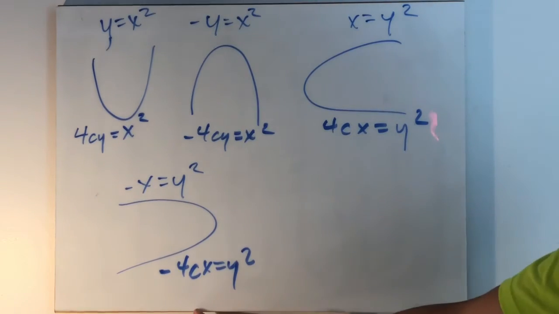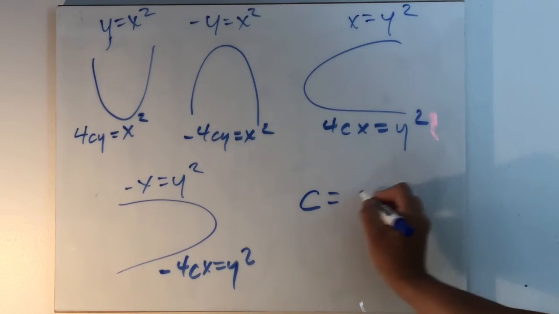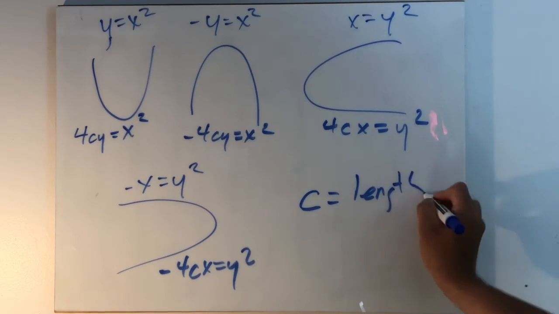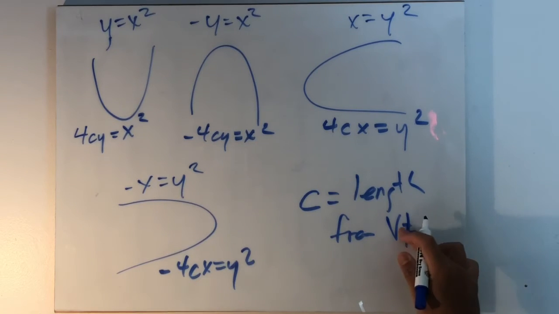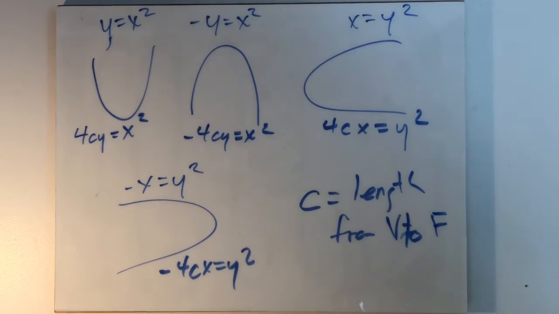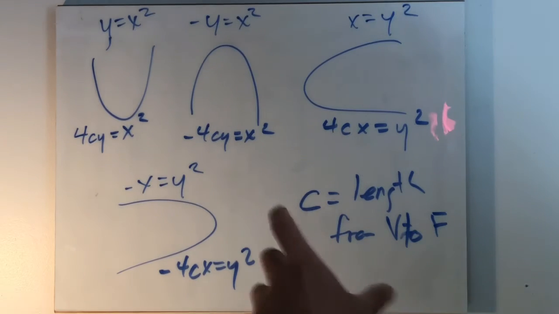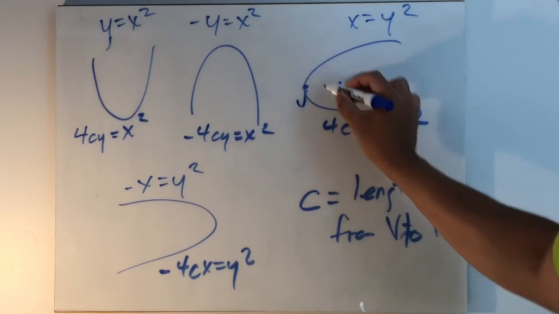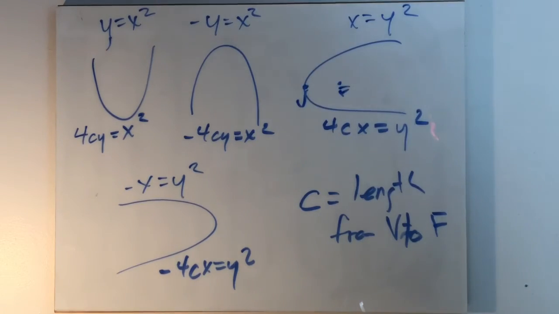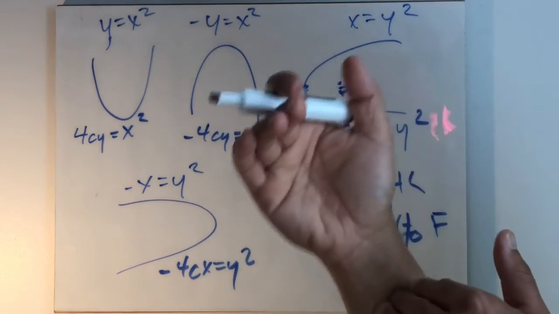Remember where the c came from? I sort of wrote it down on the last page, but I didn't explain it. C is the length from vertex to focal point. So if you know the distance from the vertex to the focal point, then you can figure out the equation. Then you can graph it.